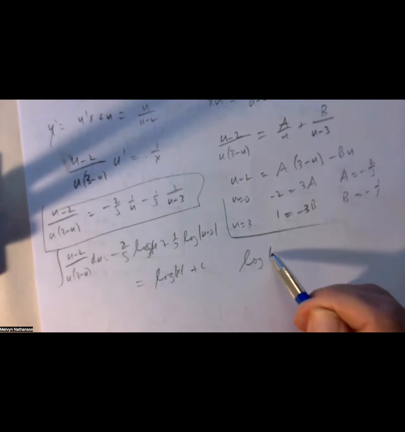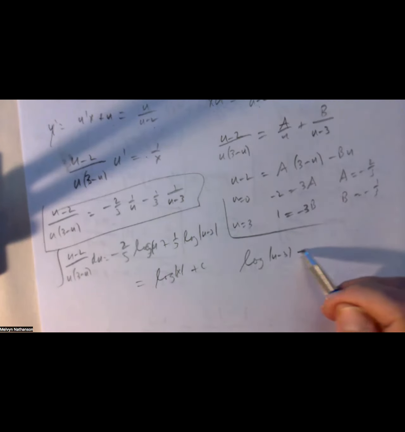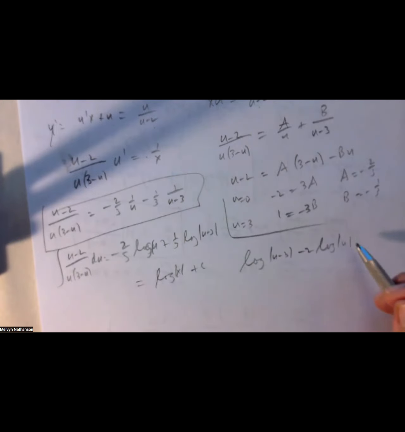And that's going to equal log x plus a constant. Or another way of writing this is the log of u minus 3 minus 2 times the log of u, I'm just multiplying by 3, is 3 log x plus a constant.